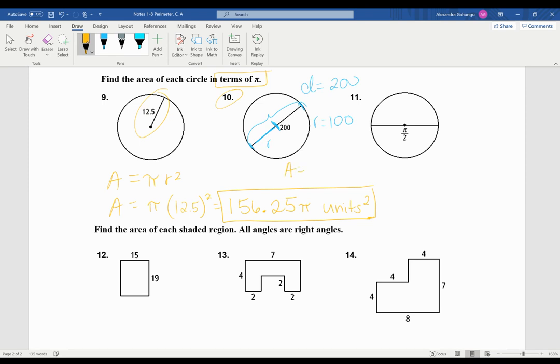So now I can find it by doing pi 100 squared. So we're going to add some zeros to this. And we're good to go. And it's a unit squared again. You can write it like this for the homework if they're missing any units. If not, if we've got centimeters, we want to write centimeters squared.